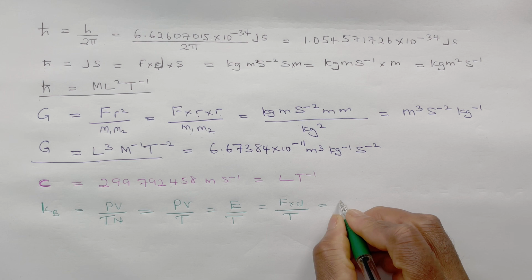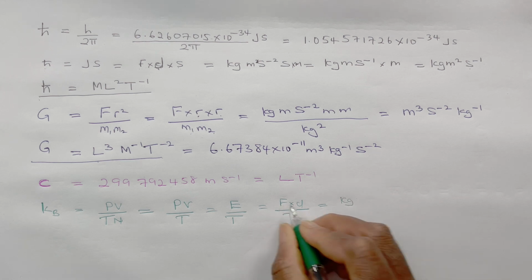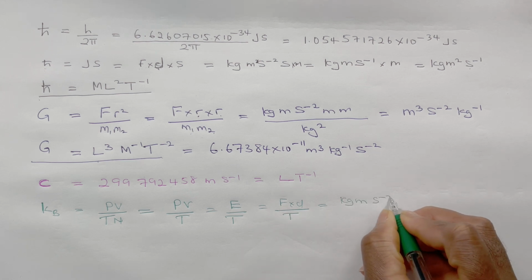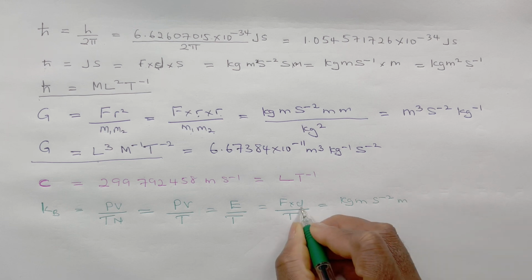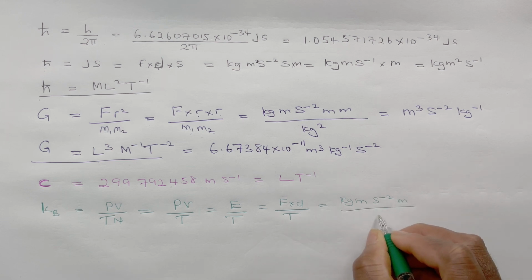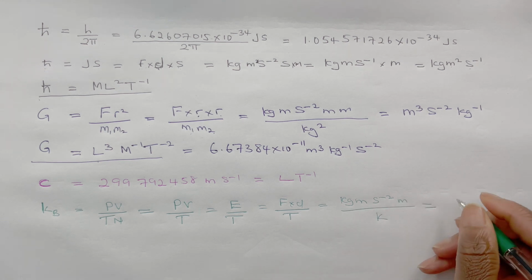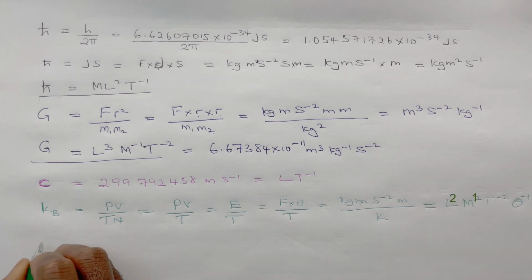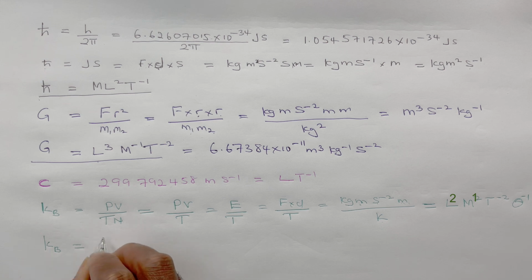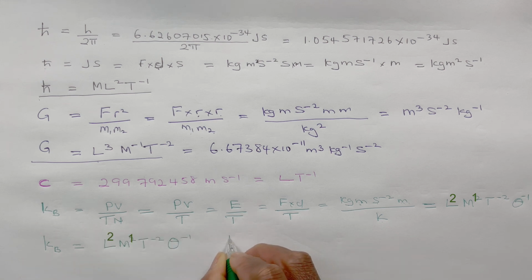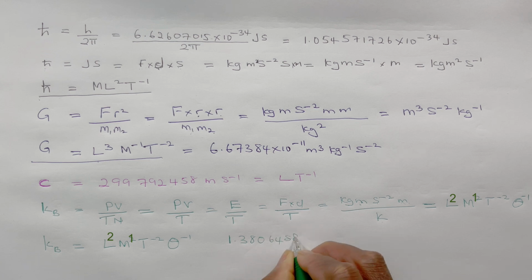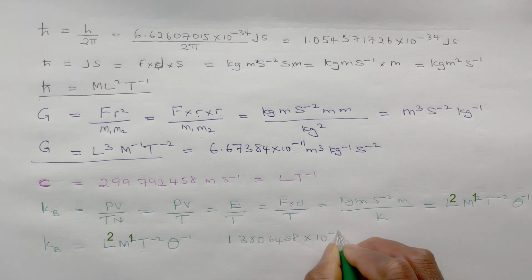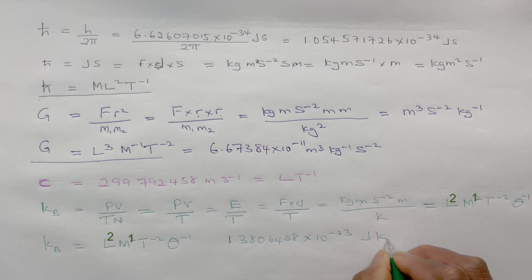So that unit will be kilogram mass times acceleration, meter per second squared, then times meters again, over Kelvin, and that can be written in dimensional analysis for kb, the Boltzmann constant. And that value is 1.3806488 times 10 to the power minus 23 joules per Kelvin.